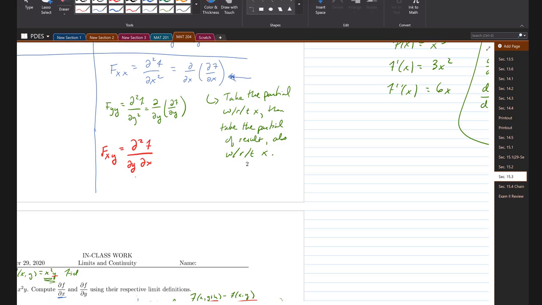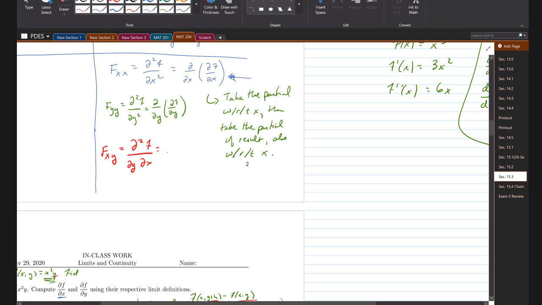We call these the mixed partials. It's a second partial, but we're mixing what we're taking the derivative with respect to. And so let me rewrite this one more time. That's the same thing as the partial with respect to y of the partial of f with respect to x. So this one should clarify what order you do things in.